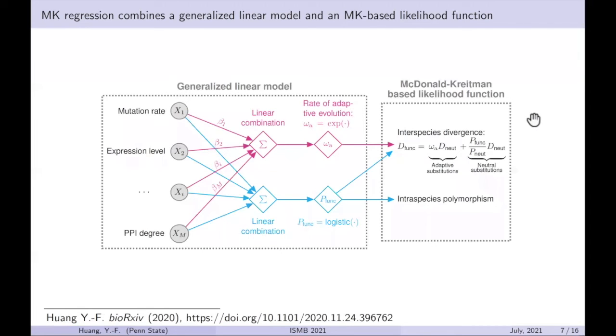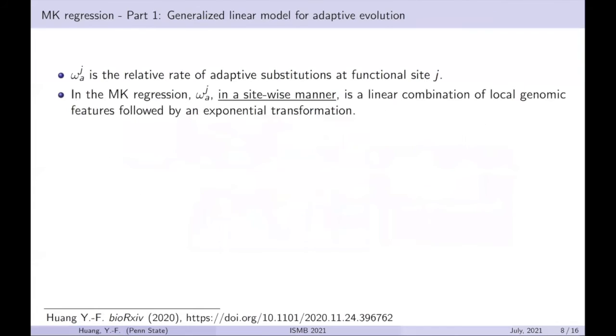So let's dive into the technical details. The first part of the MK regression is a generalized linear model for adaptive evolution. Let's denote omega A as the relative rate of adaptive substitutions at functional site J. So it's a functional site in protein coding genes.